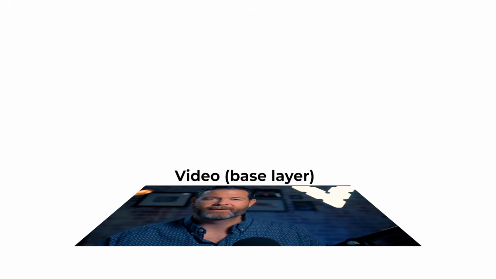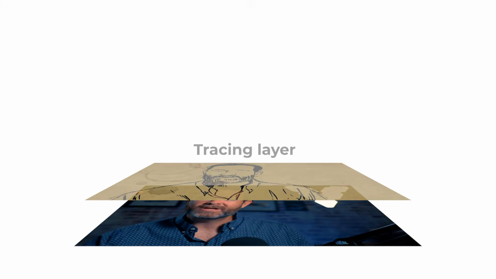Before we go into the process of creating a rotoscope animation in Photoshop, we probably need to first understand what rotoscoping actually is. Rotoscoping is the process of using some type of film as basically a tracing base. And then over the top of that base layer, we trace over the film.